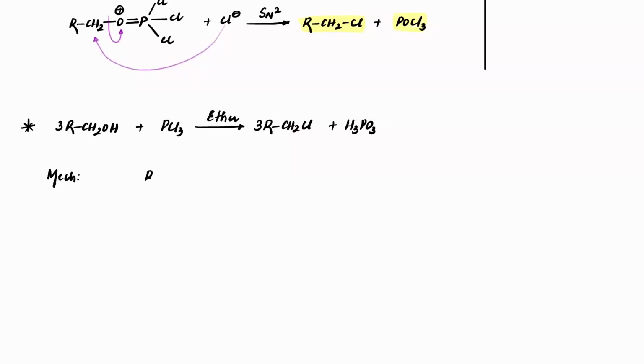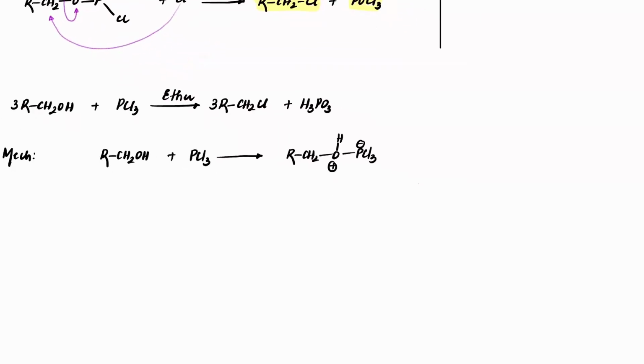So you got RCH2OH plus PCl3 here. Got it? So we will get this as RCH2OH and PCl3 plus and minus present. Okay, plus and minus present. Got it?